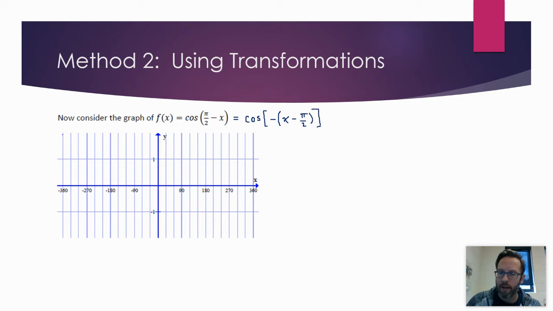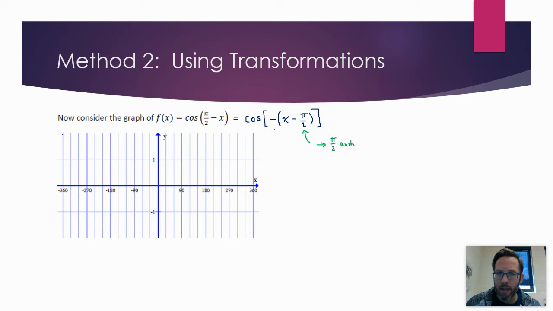Just take a moment and digest what I just did there. I manipulated the inside: I factored out the -1 and reordered the terms. If you expand this out, you get negative x and positive pi over 2, so these two expressions are equivalent. But if we review our knowledge of transformations, which we did some of in our first unit, the minus pi over 2 indicates that the graph is translated to the right, pi over 2 units.